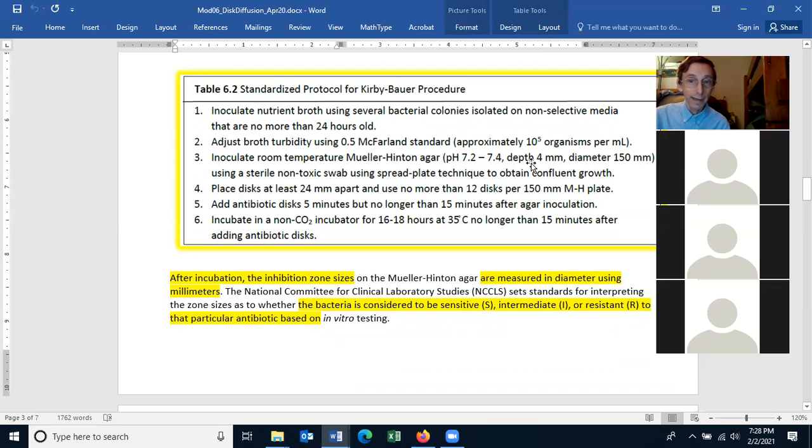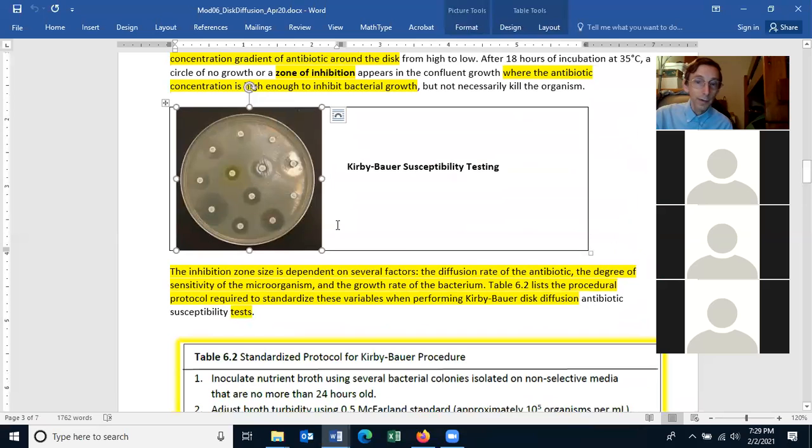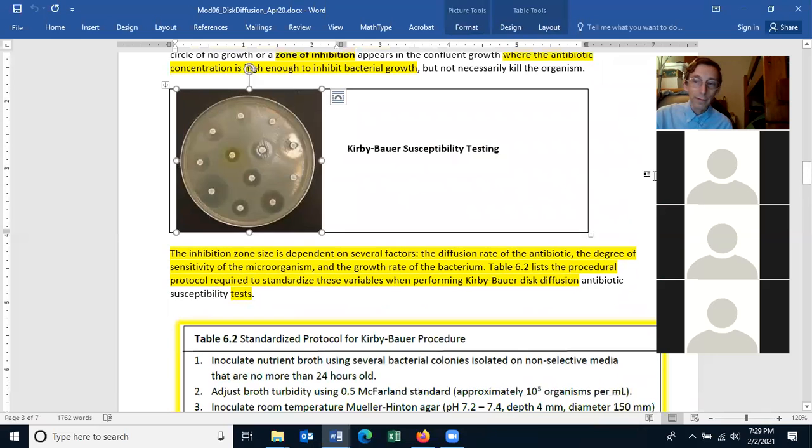That's a mistake there. That depth should be 5 millimeters. And you put the bacteria on using a non-toxic swab, using the spread plate technique to obtain confluent growth. I'll talk more about that in a little bit. And then when you put the antibiotic discs on, the discs should be at least 24 millimeters apart, no more than 12 discs per plate. If you get them closer together, they can interact.